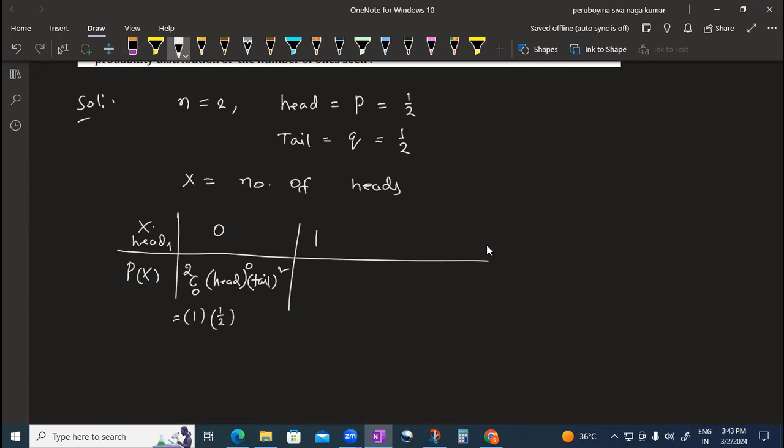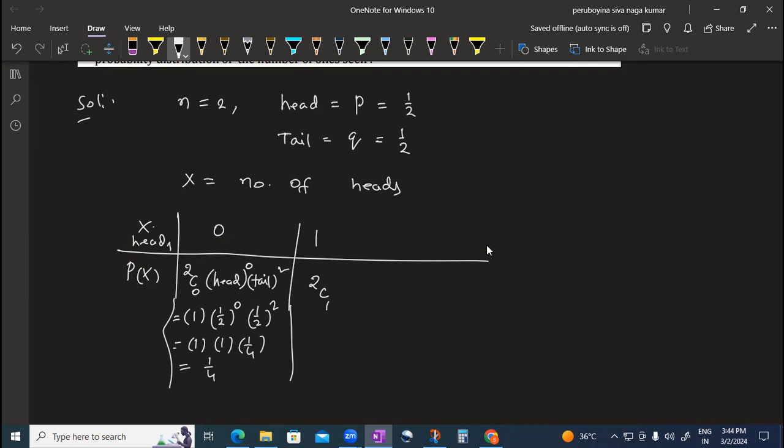Head probability 1 by 2 power 0. Tail probability 1 by 2 power 2. So 1 into 1 by 2 power 0 is also 1. This is 1 by 4. So if you multiply, in this case I got a probability of 1 by 4. Now for getting one head, 2 times we are tossing.